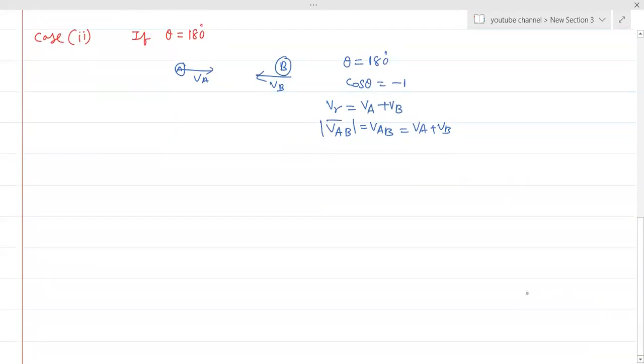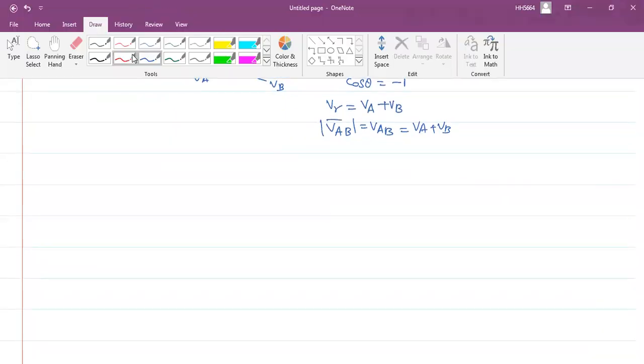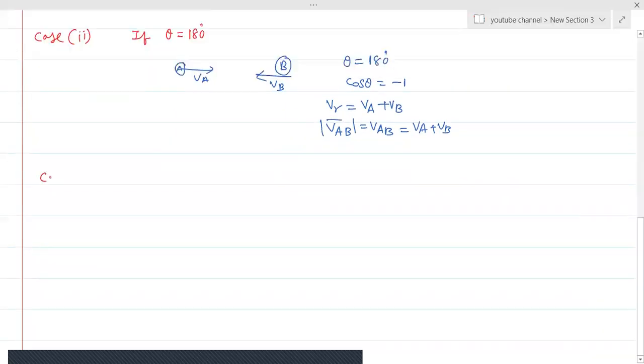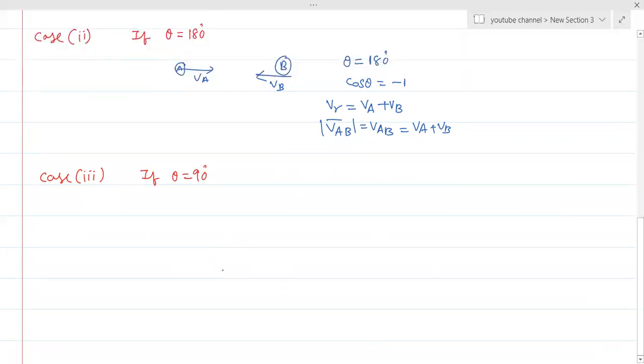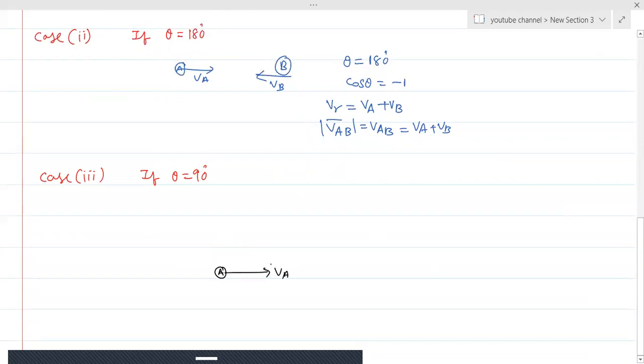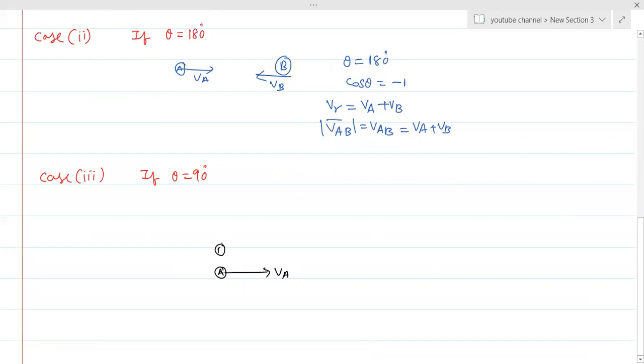Suppose the case where theta is 90 degrees. I am taking the third case, that is if theta is equivalent to 90 degrees. It means both A and B are moving in perpendicular directions. This is moving with VA bar and this is moving with VB bar.